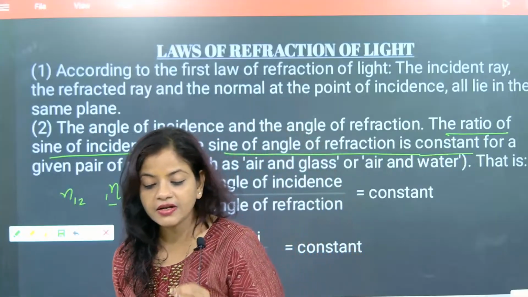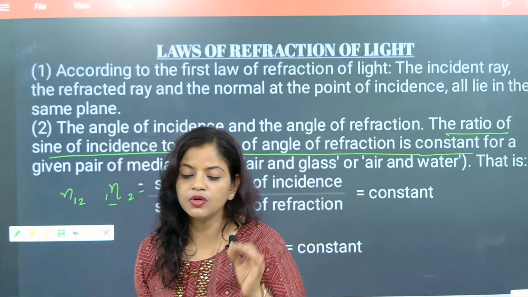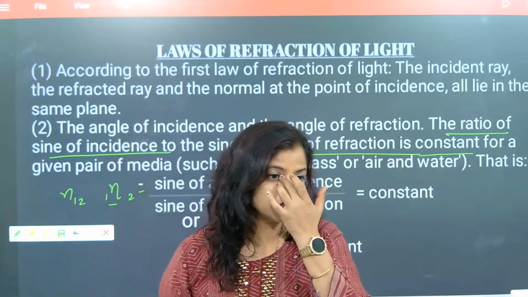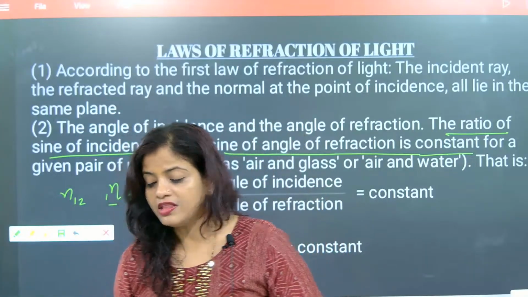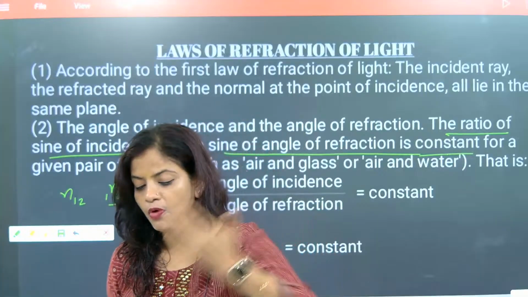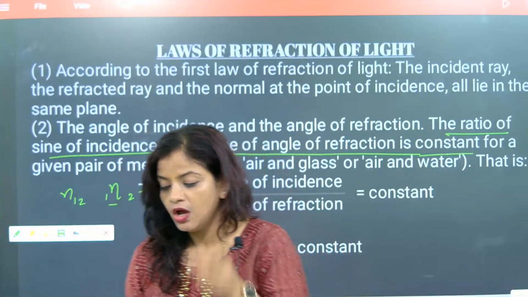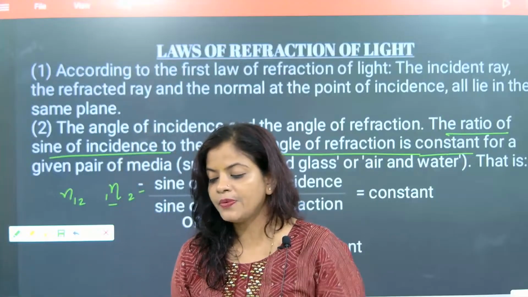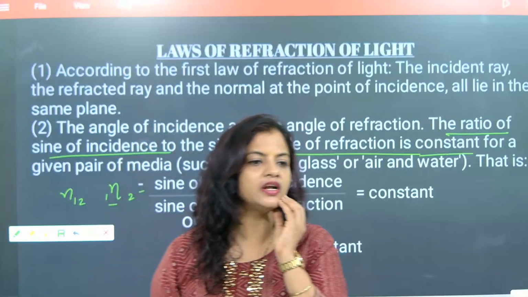What is the factor behind the slowdown of the speed? All the children, you need to keep on answering my question. I will be taking your attendance based on that only. Optical density. Kavya is telling optical density.